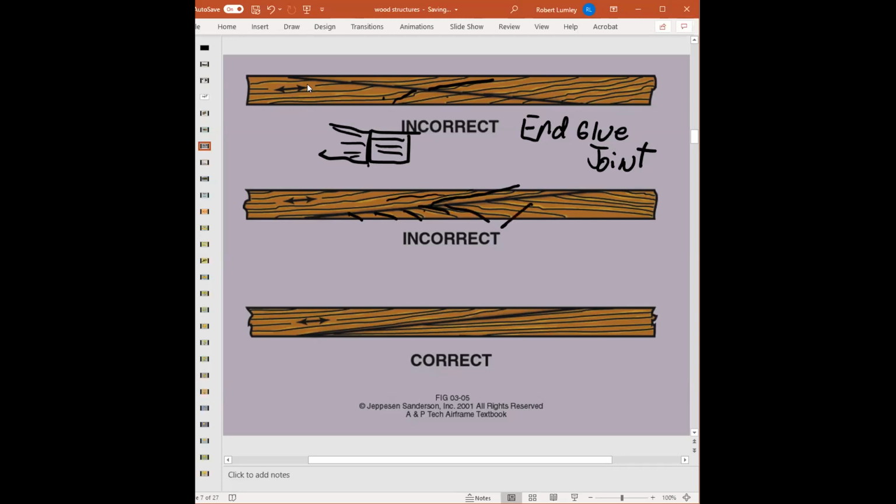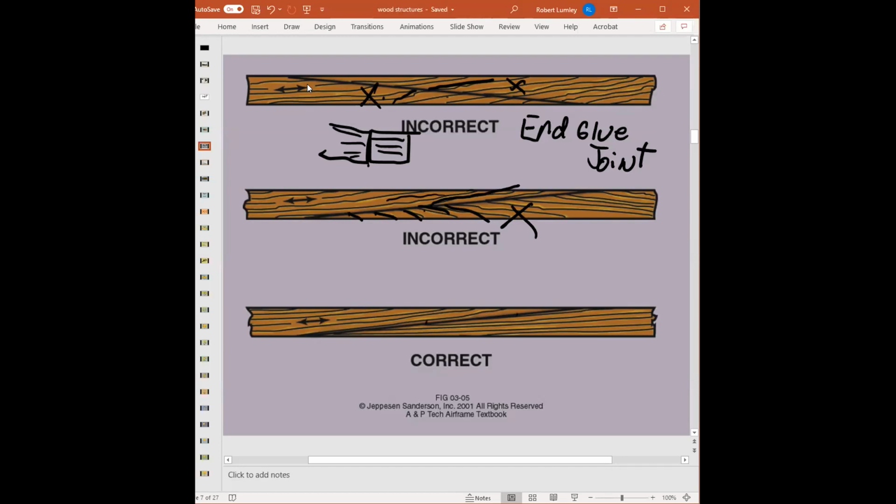And so this is why this one is wrong. This is wrong because both of the boards are an end glue joint. This is wrong because that one is. If we look at this one where it says correct, same thing as what we have up here, okay? We have long stretches where the grain is not touching. Even this one, we have a good distance between one length of grain and another, okay?